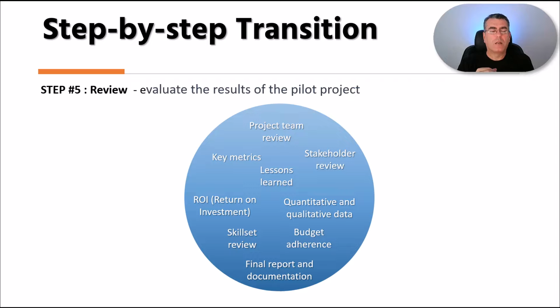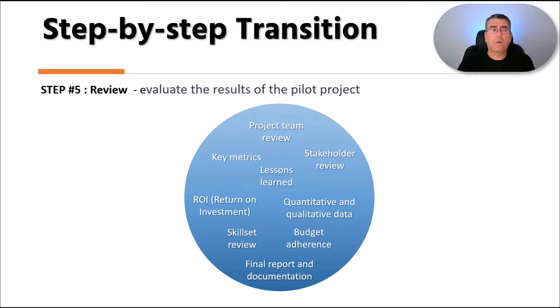And for this, you're going to see some information like project team review, stakeholder review, key metrics, lessons learned, return on your investment, quantitative and qualitative data, budget adherence, skill set review, final report, documentation. So you're going to take all this information, all these documents, and look at how you can adopt or adapt this information to another project.